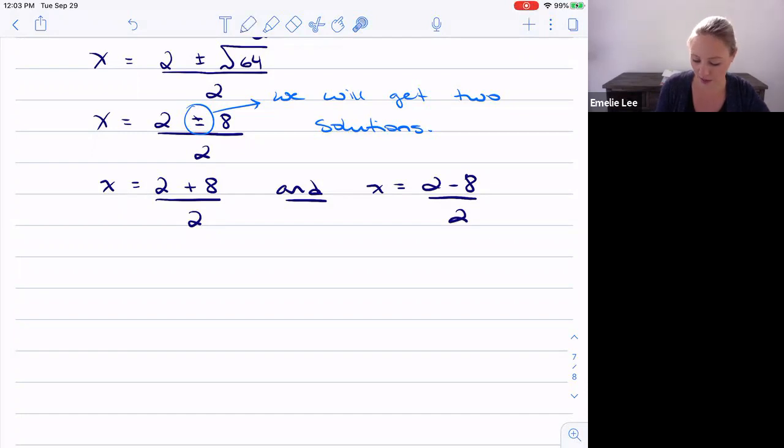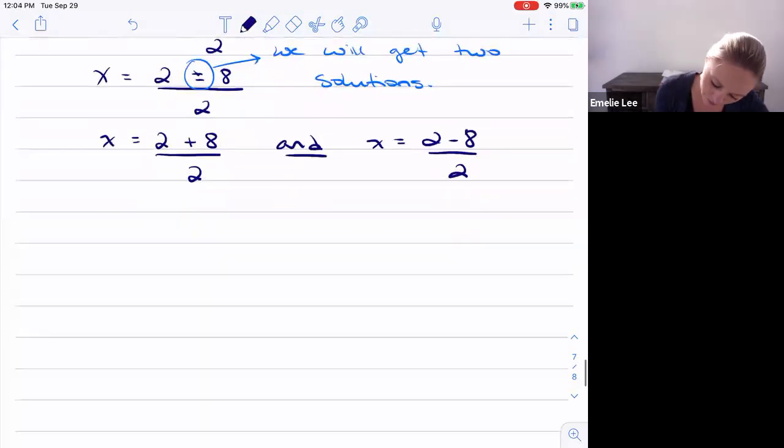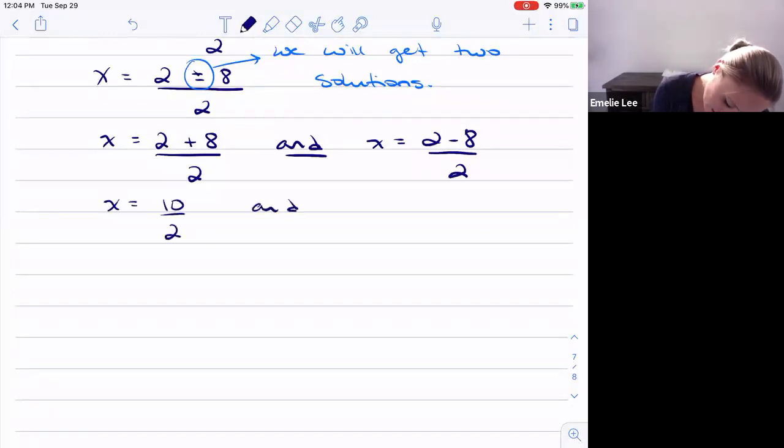I'm still resisting the temptation of canceling a 2 here. I could, but I'm going to try not to because it just makes it a little bit cleaner later on. So what I have here is x is 2 plus 8, which is 10, divided by 2, and x equals 2 minus 8, which is negative 6, divided by 2.